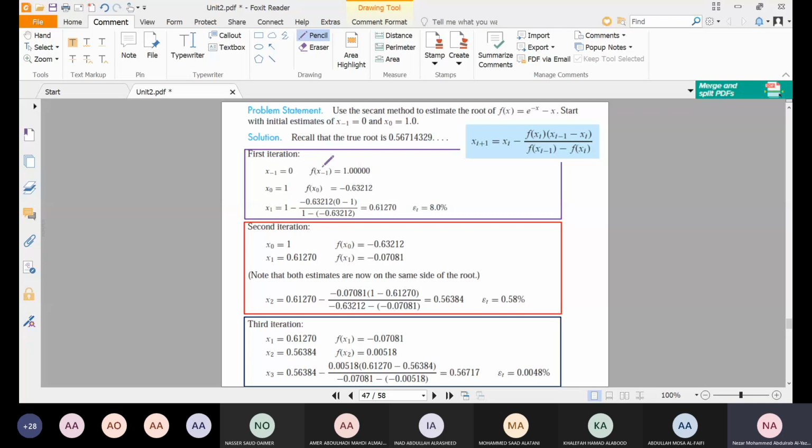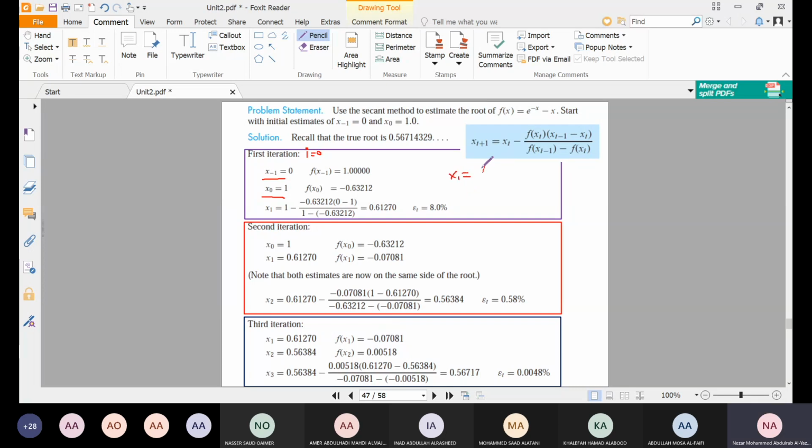What we have in the first iteration, this is my first iteration: the first initial guess and the second initial guess. For the iteration when i equals 0, here will be x i plus 1, or x1.